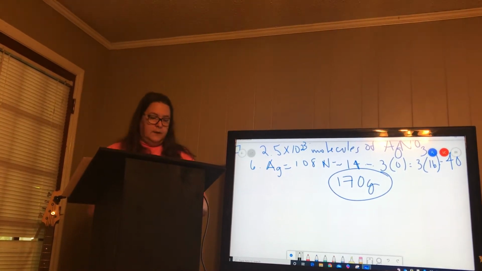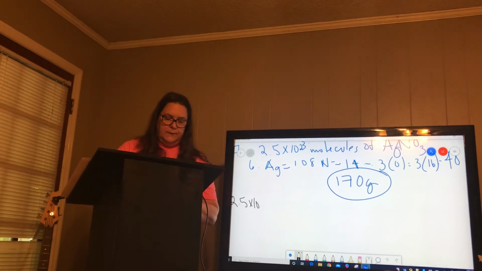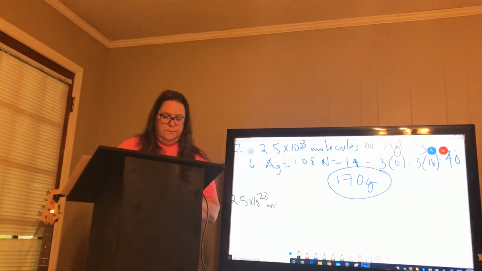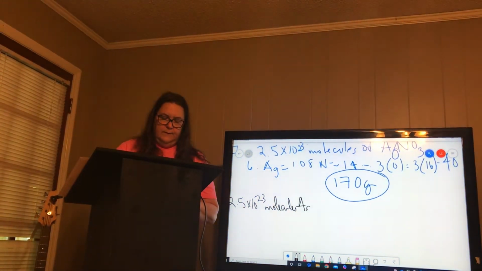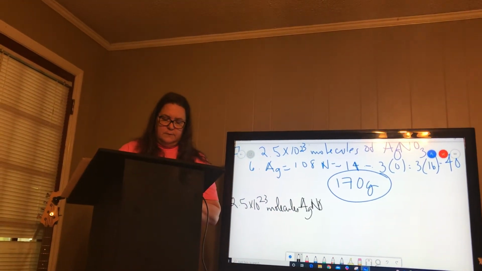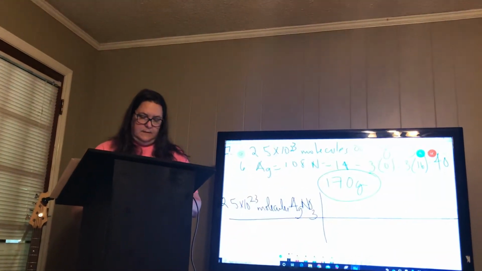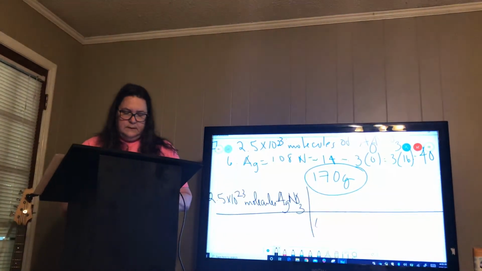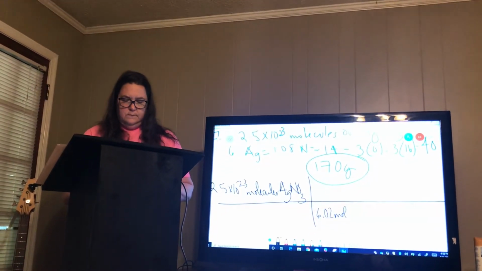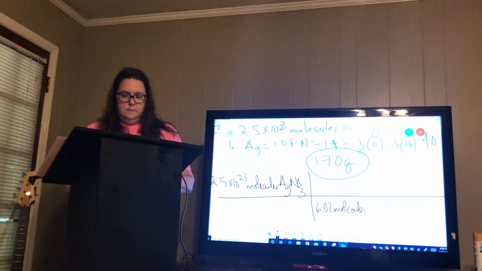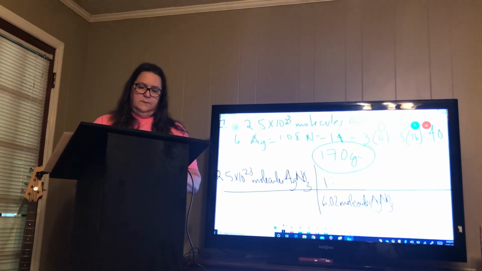I start off with 2.5 times 10 to the 23rd molecules of silver 1 nitrate. 6.02 times 10 to the 23rd molecules is 1 mole.